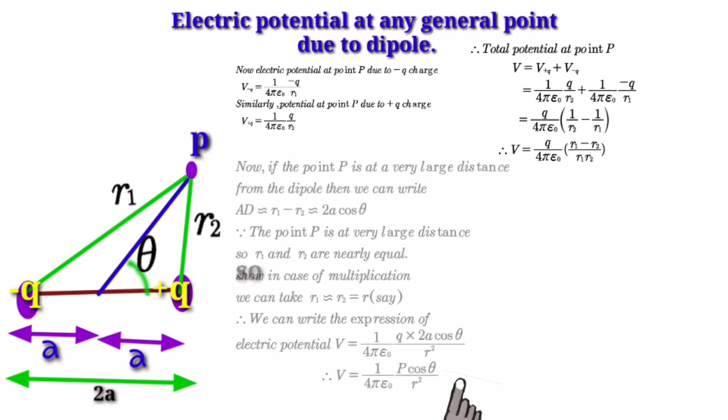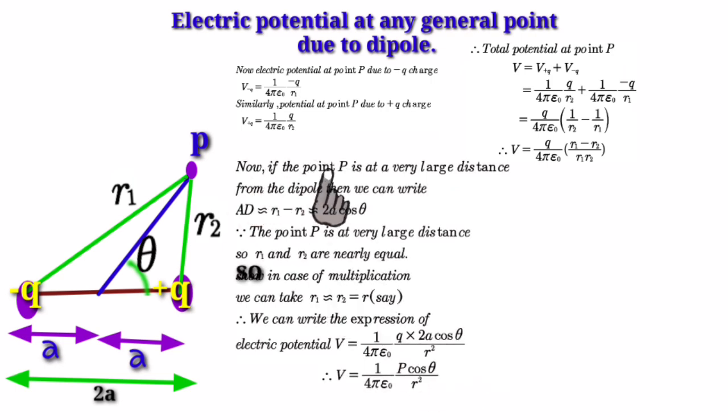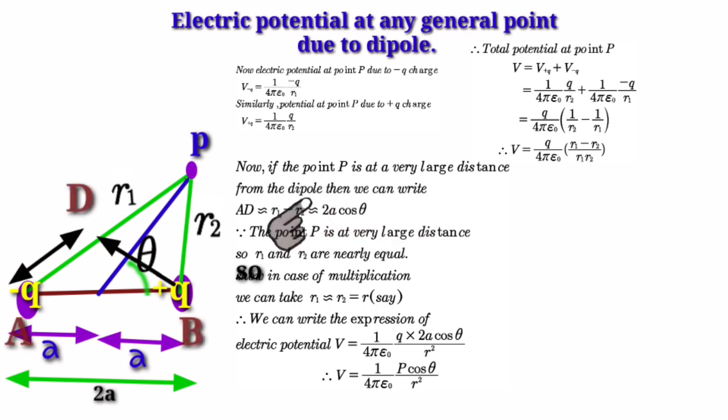If the point P is at a very large distance from the center of the dipole as compared to the length of the dipole, then we can write r1 minus r2, which we denoted by AD, is nearly equal to 2a cos theta. Since the point P is at a very large distance, we can write r1 nearly equal to r2. So in case of multiplication, we can take r1 is equal to r2 is equal to r, say.